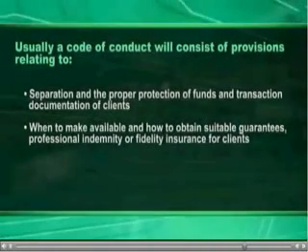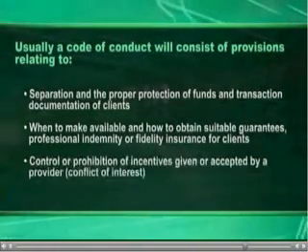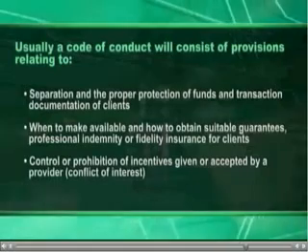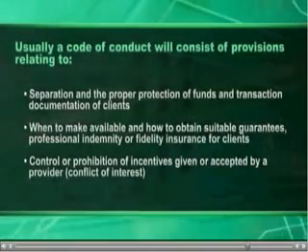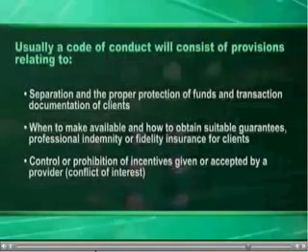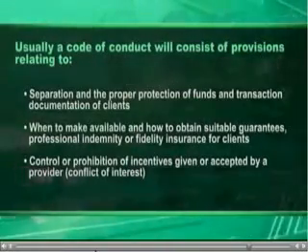And a code of conduct can also contain the control or prohibition of incentives given or accepted by a provider, commonly known as a conflict of interest, and anything else that the regulator may deem necessary to include.